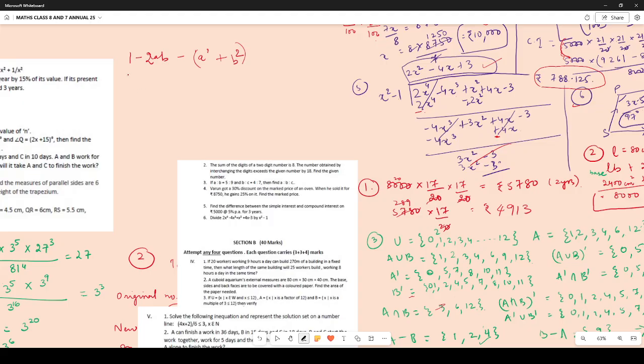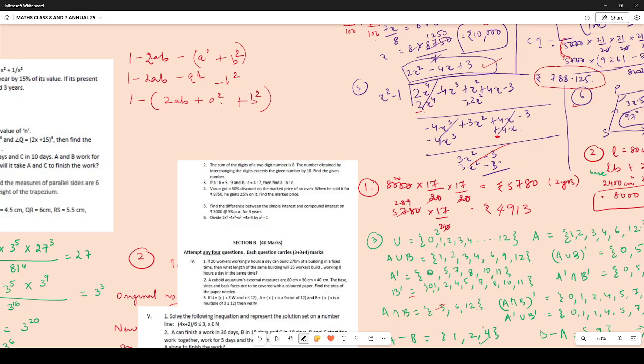When you open up the brackets, what you get is 1 minus 2ab minus a square minus b square. What is it? Okay, so 1 minus, if we put it this way, 2ab plus a square plus b square.